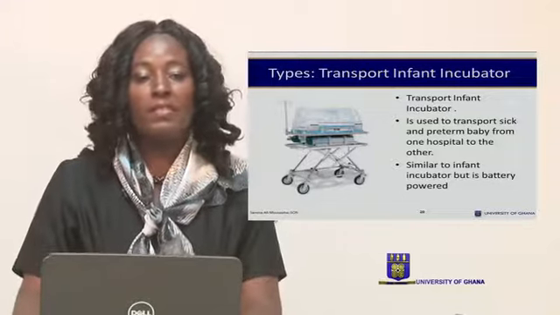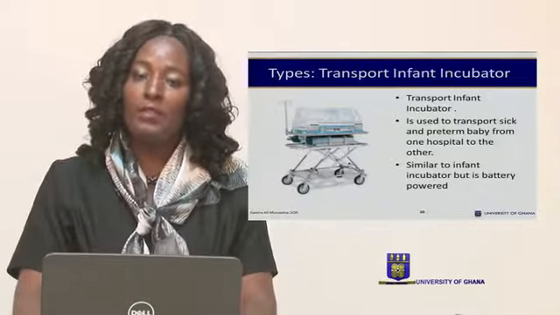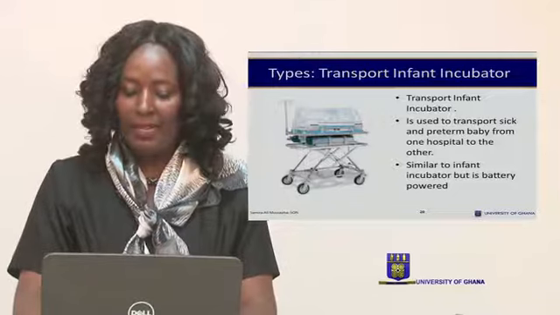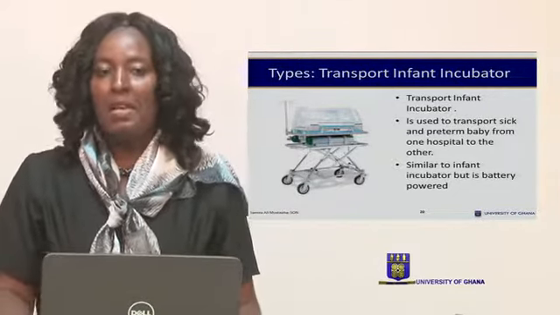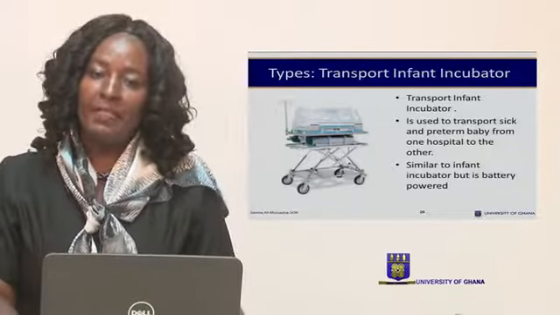So this is purposely for transportation from one unit or institution to another. This, I'm afraid to say, you may not have in Ghana, or if we have, they will be very limited.